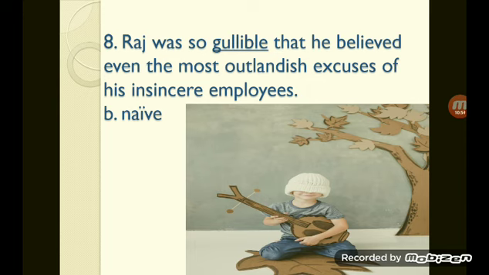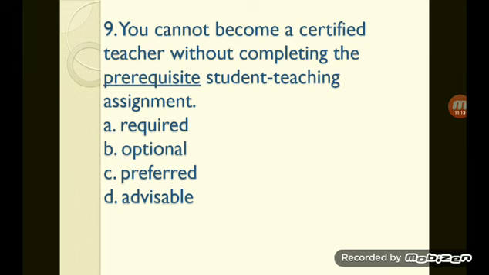He's blinded by his innocence, by his simplicity, and he's not able to see the fake people around him. So Raj is gullible. Children are usually gullible. They readily accept what is told to them. Sentence number 9. You cannot become a certified teacher without completing the prerequisite student teaching assignment.